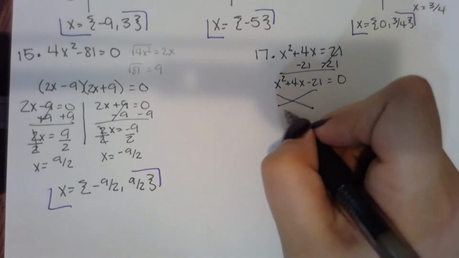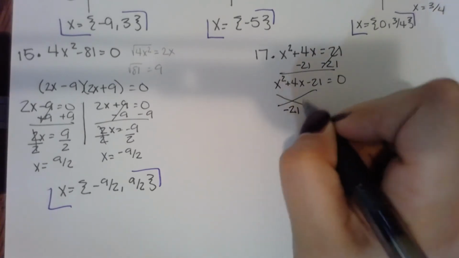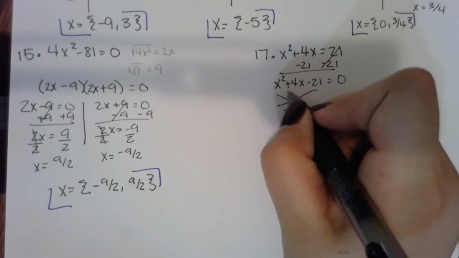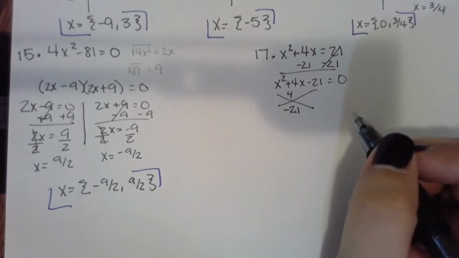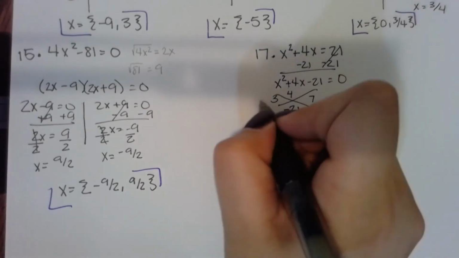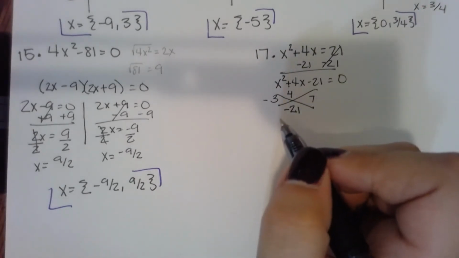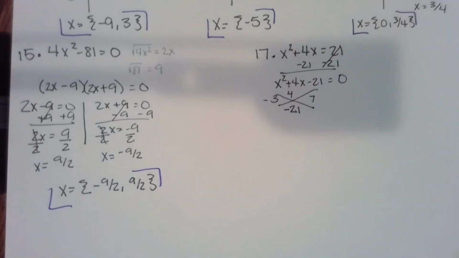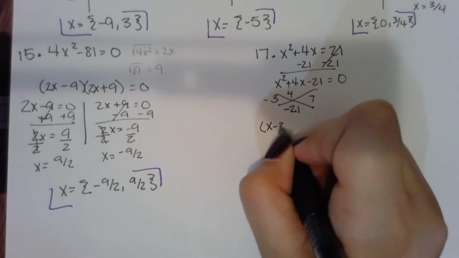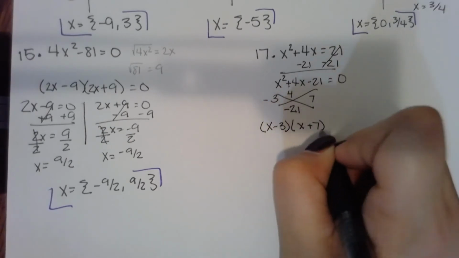So 1 times negative 21 is negative 21, and we need 4. 21 only has 2 sets of factors, 1 and 21, and 7 and 3. But since our 4 is positive, our 3 has to be negative and our 7 has to be positive, because negative 3 plus 7 is a positive 4. Rewriting this, we get x minus 3 times x plus 7 equals 0.